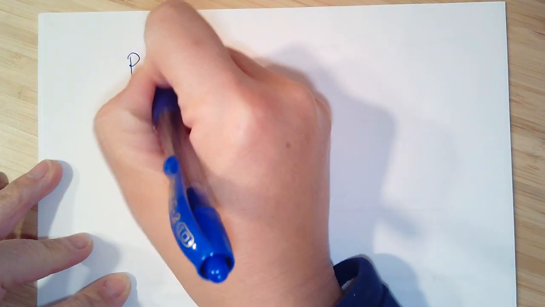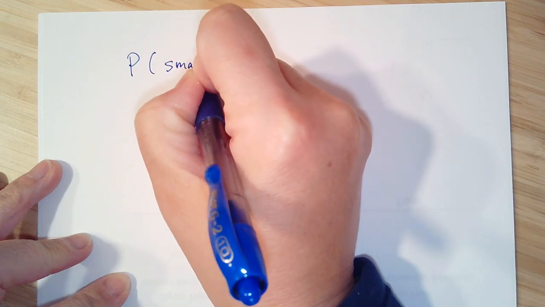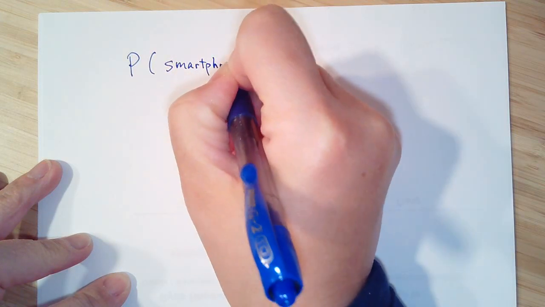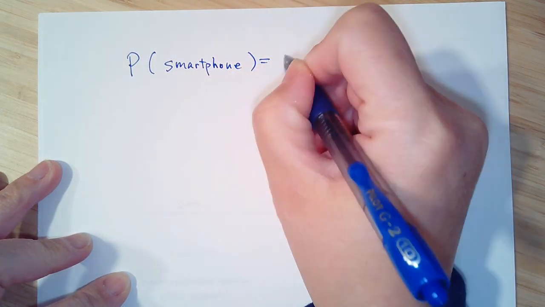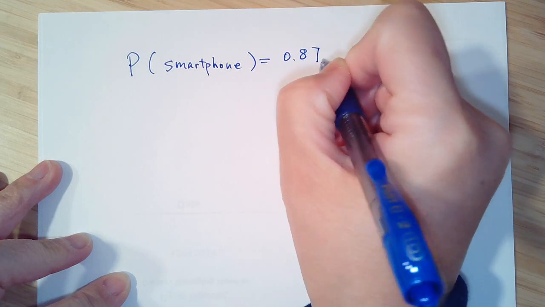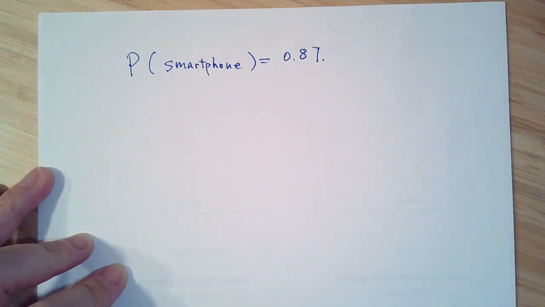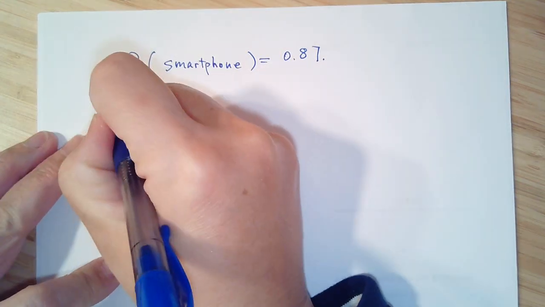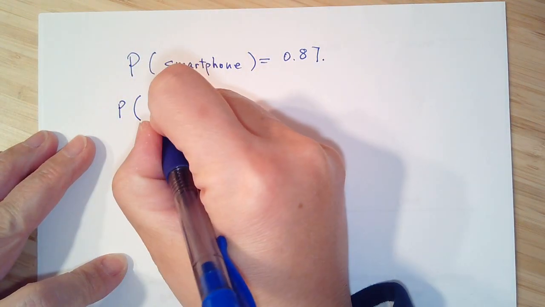So P(smartphone) equals 0.87. Now, if a household is randomly selected, can you find the probability of getting one that does not have a smartphone? What is the probability of no smartphone?